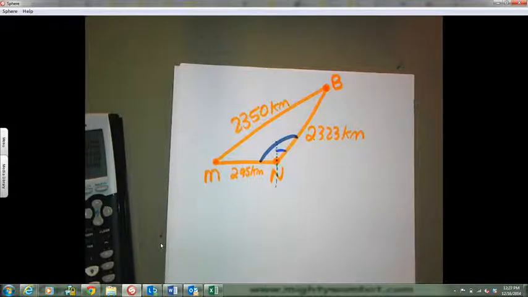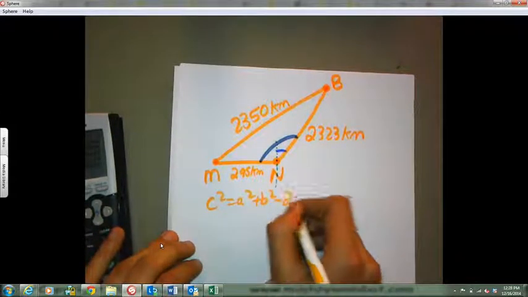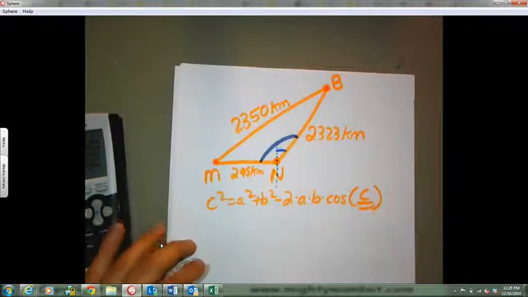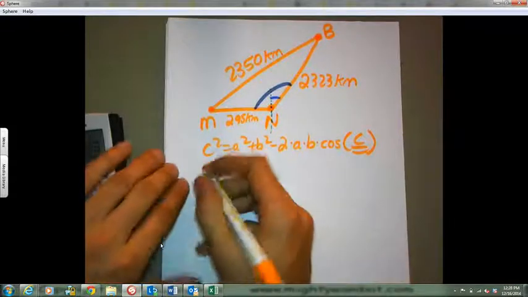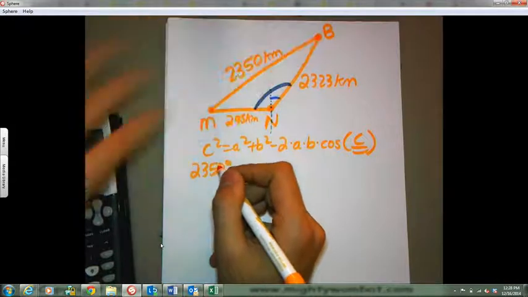So the math will go as follows. Remember, the law of cosines is c squared equals a squared plus b squared minus 2 times a times b times cos of big C. So c squared, 2350. C, remember, is the side opposite the biggest side. Don't call it the hypotenuse.